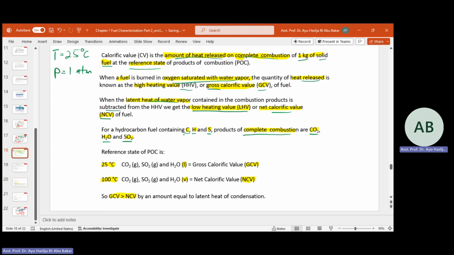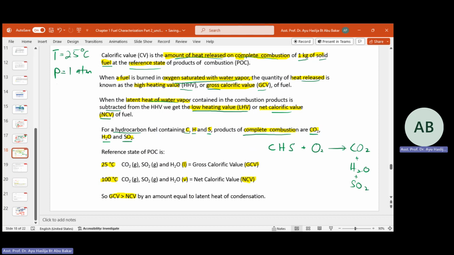This is if your fuel has C, H, S. Usually the term hydrocarbon means that the component has C and H, carbon and hydrogen, as the main. So if the fuel has S, then complete combustion with the air gives you CO2 plus H2O and SO2.